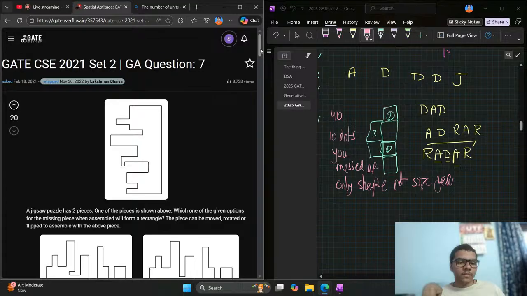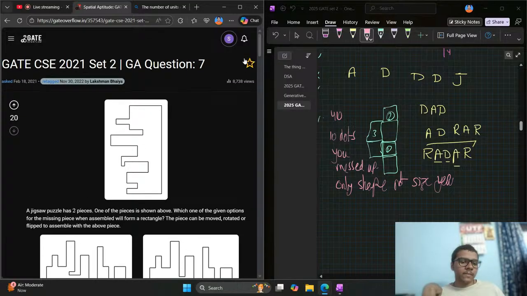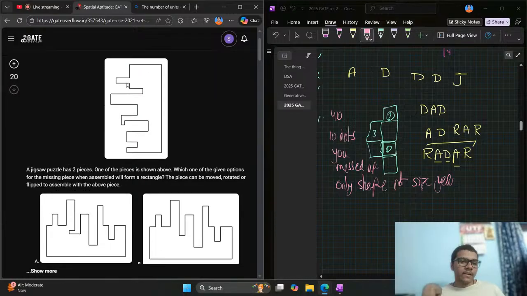The pieces can be moved, rotated, or flipped to assemble the above puzzle. Got it? This end should be a rectangle, and this pokes in, and this is up, and that goes in. That's good. That goes in. That's good, and this goes in. Right.